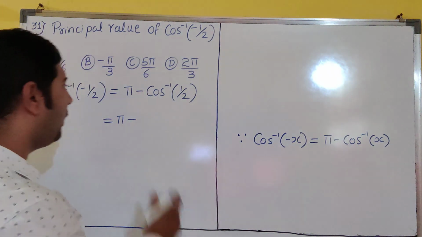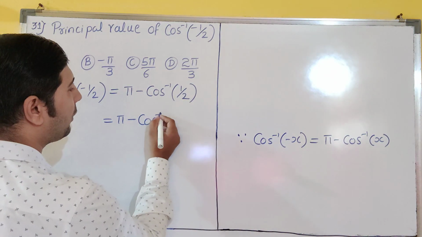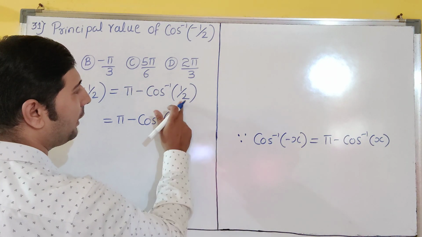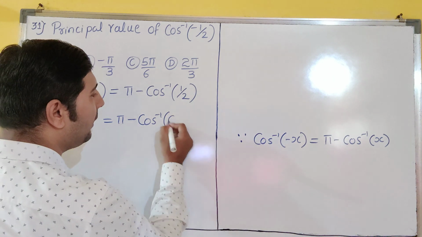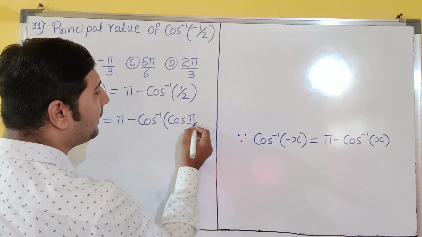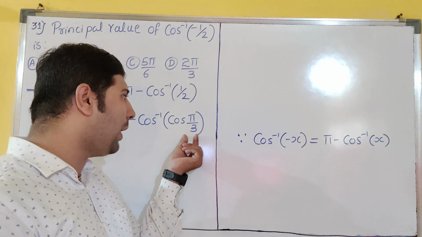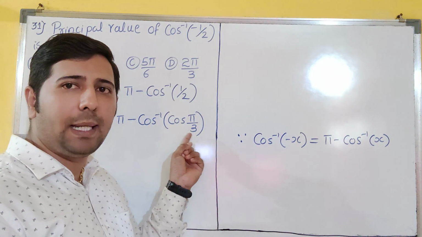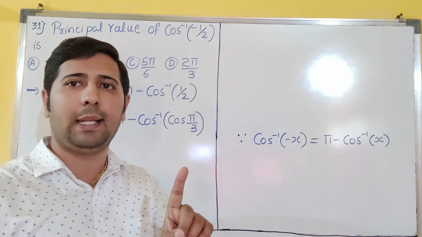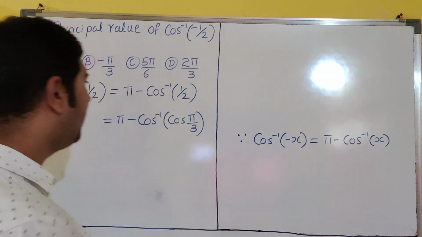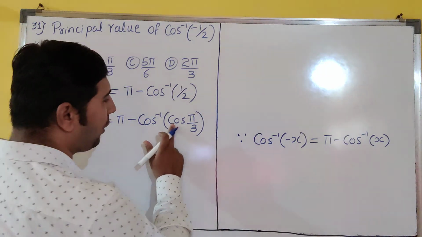Now cos inverse of 1 by 2 becomes 60 degrees, which is pi by 3, dear students. 60 degrees is nothing but pi by 3, just written in radians.